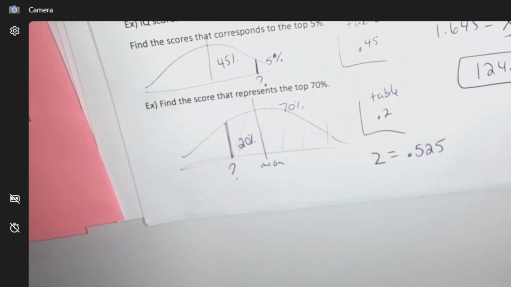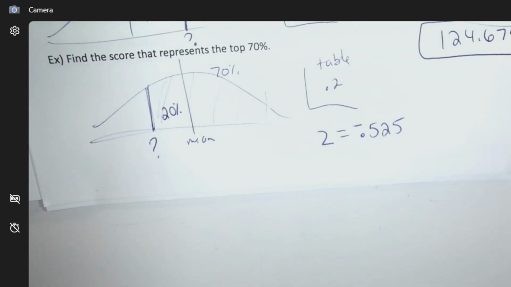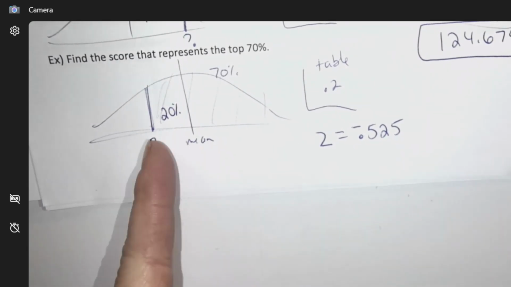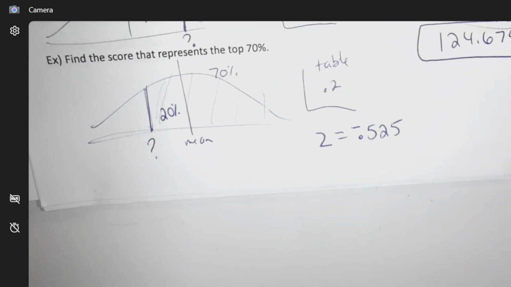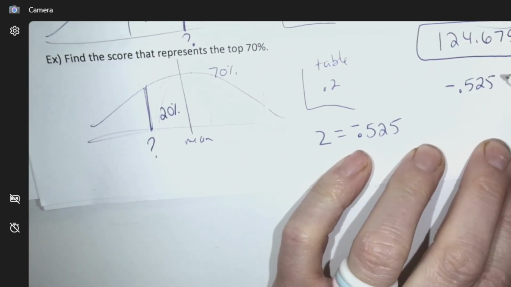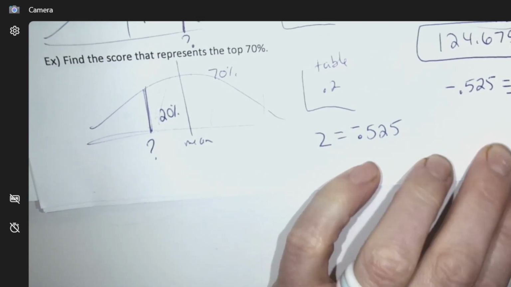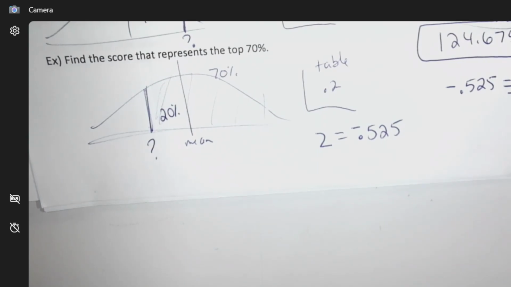Okay, what am I missing about my Z value though? It has to be negative, and that's a common mistake because people use their chart, and the chart's obviously just the numbers, forgetting that I'm negative because I'm below the average. Okay, so formula, Z equals my score, subtract mean over standard deviation.